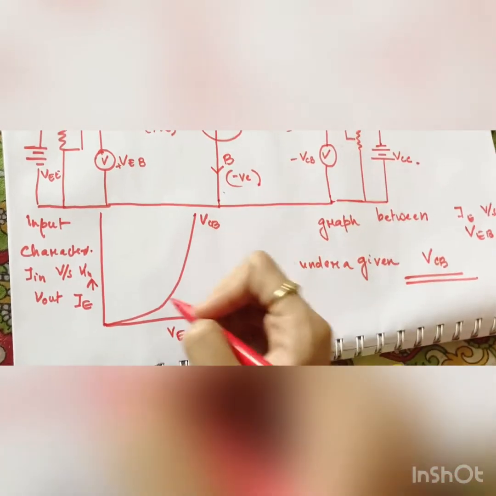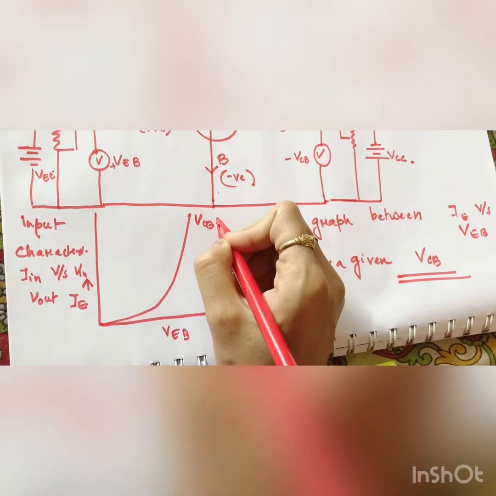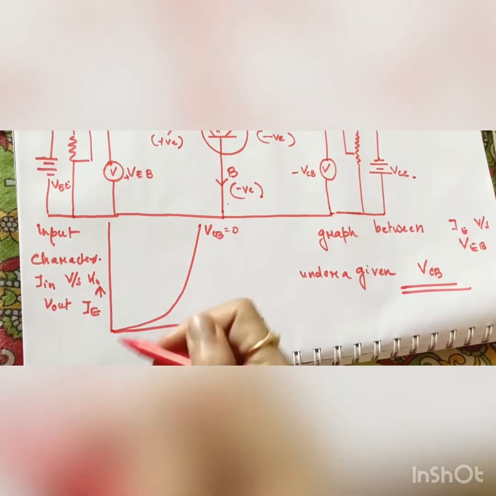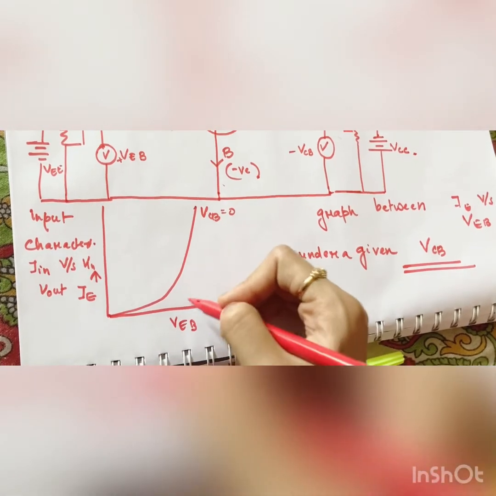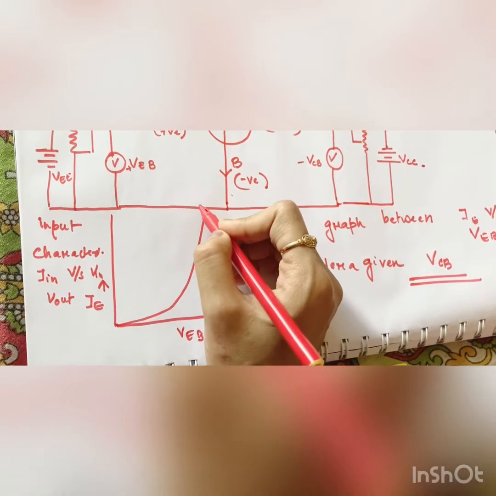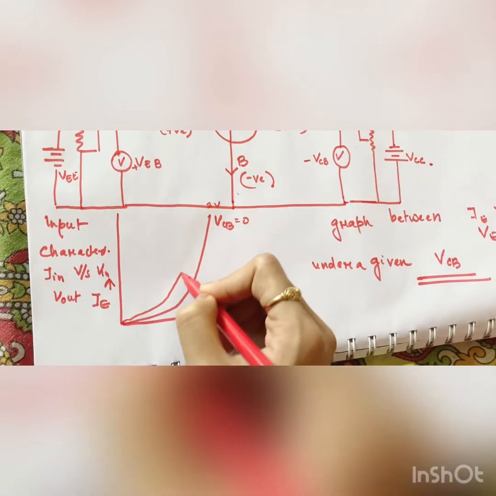First, let's say VCB is 0 volt. Then IE varies with VEB like this. Then in the second case, when VCB is say 2 volt, it will vary like this.